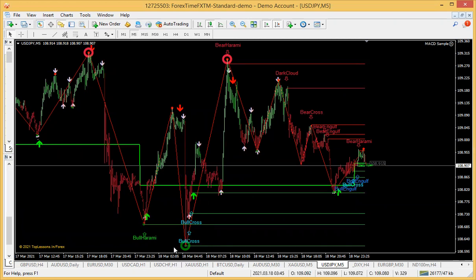This indicator tells you that the market is about to sell or about to buy. Let's give a scenario. This big cycle here indicates that the market is going to sell for a very long time. This red arrow is telling you to prepare.